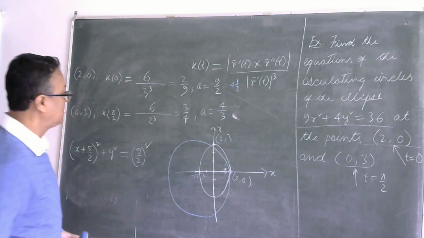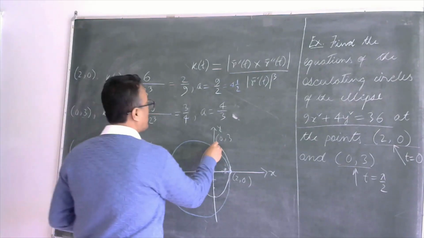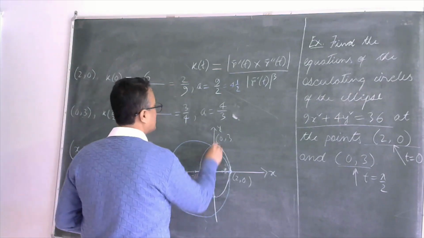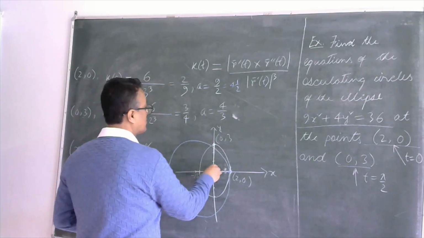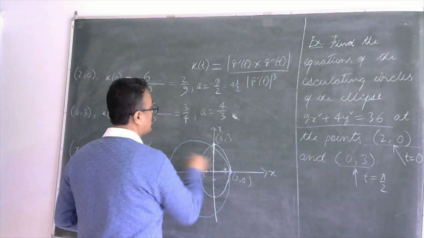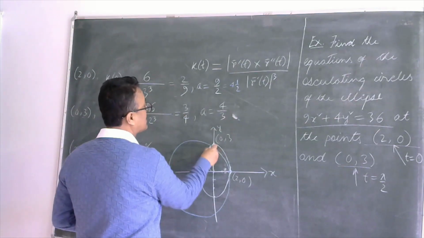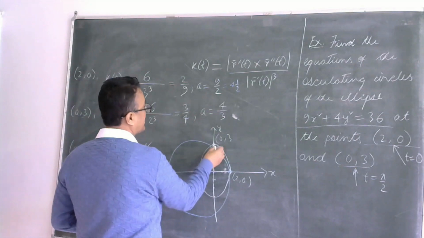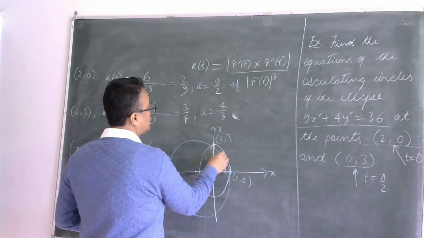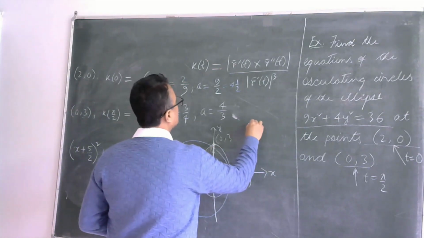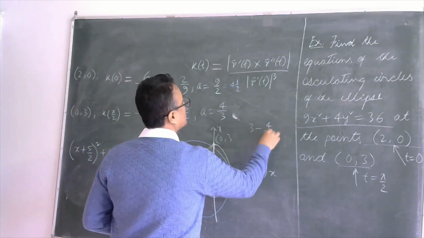Okay, so now let me concentrate on this point here. This length was 3. And you have to find the circle with radius 4 by 3, right? The y coordinate of the center is going to correspond to 3 minus 4 by 3.